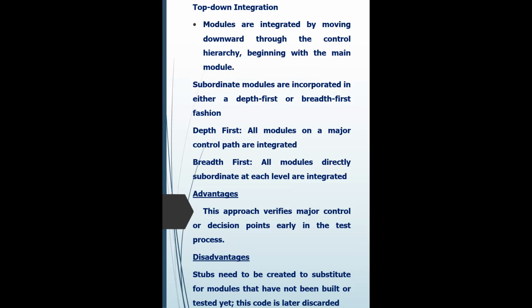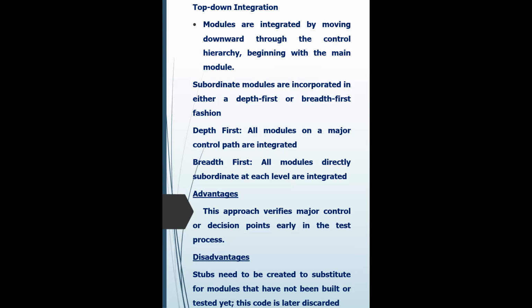Step one, the main control module is used as a test driver and the stubs are substituted for all modules directly subordinate to the main control module. Second step, subordinate stubs are replaced one at a time with actual modules using either the depth first or breadth first method.